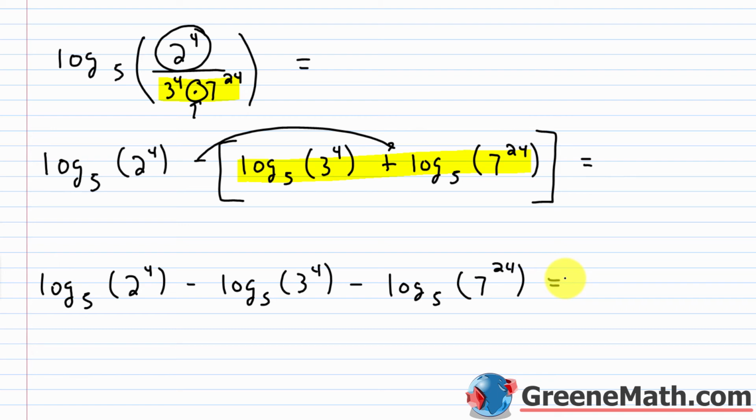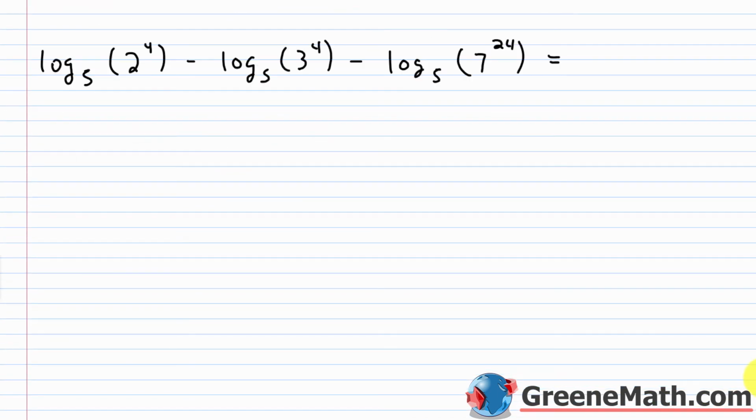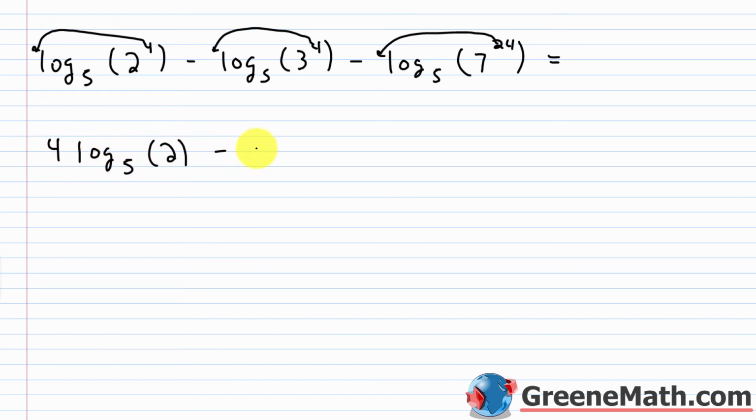All right, so now let's scroll down and get a little bit more room going. We're going to bring our exponents down in front of each one of these. So we'll have 4 times log base 5 of 2 minus 4 times log base 5 of 3 minus 24 times log base 5 of 7.